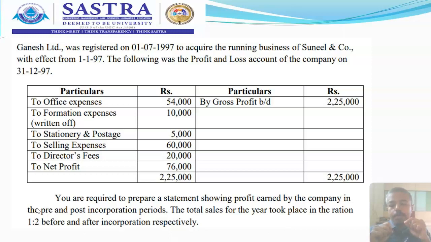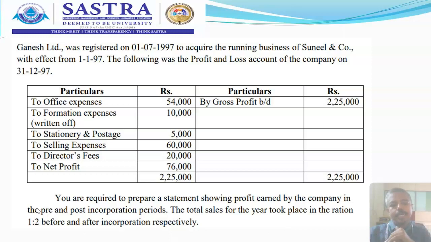But now the business is a running business, so we can take the first date of that accounting period until the accounting period ending date. So the profit prior to incorporation or post-incorporation can be calculated based on the time ratio. The time ratio has to be calculated from the first day of the accounting year.